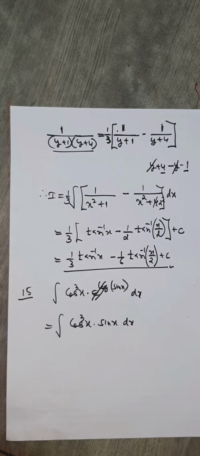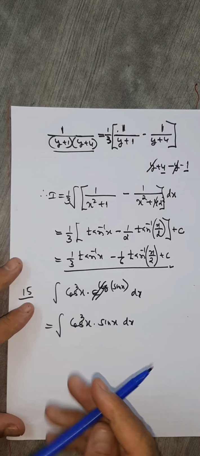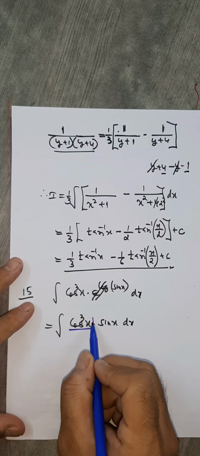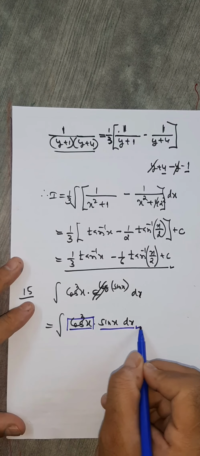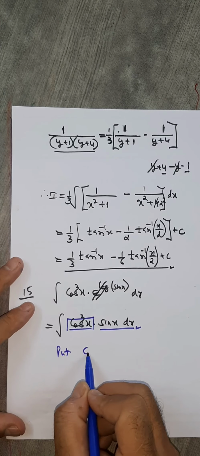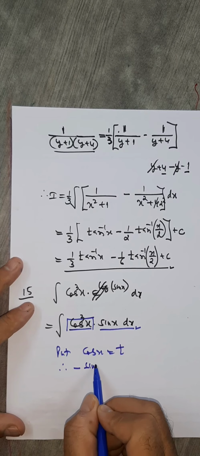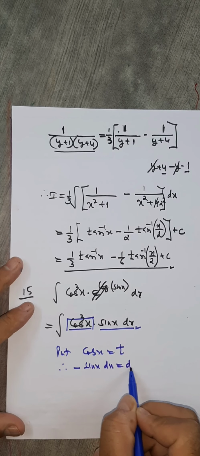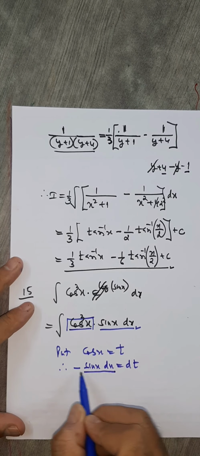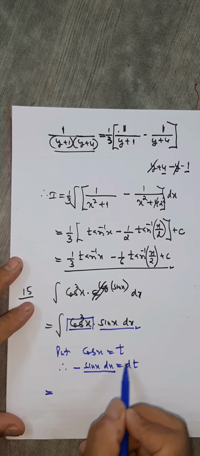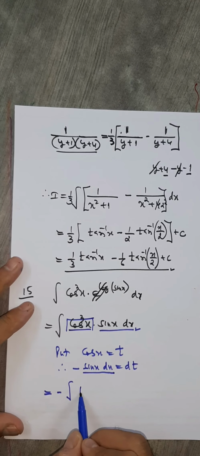Now at this place put cos x equals t. So this will be dt, you know it. Just putting cos x equals t. What's the derivative of cos? Minus sine. Minus sine x dx equals dt. This is already there, so the minus sign will be there on the other side. That minus I'll keep outside.